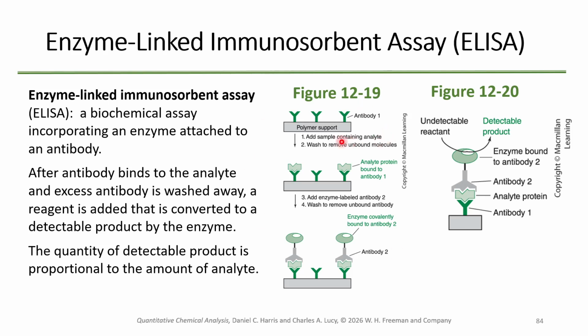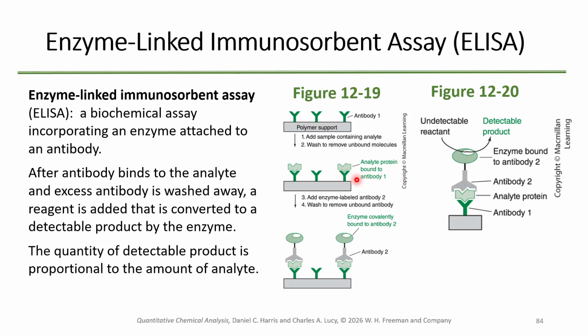And so here you have this polymer, usually a column with little polymer beads in it, more often than not. And it has antibodies that are deposited on those beads. And so then what happens, you add the sample containing your analyte. It's going to then be washed to remove the unbound molecules. And so here you have your analyte protein bound to your antibodies.